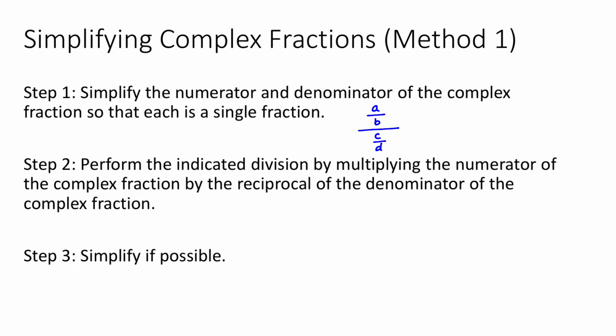And then in step two, we're going to take A over B, which is divided by C over D. And then we can just turn this into multiplication by taking the reciprocal of the second fraction. So we'll multiply and then do any simplifying that's possible. So let's take a look at some examples.